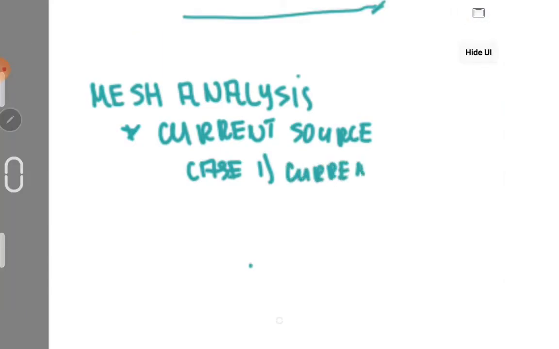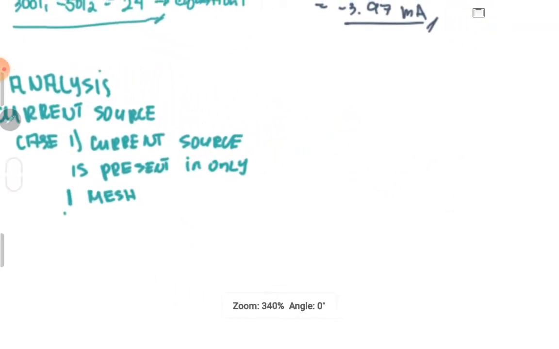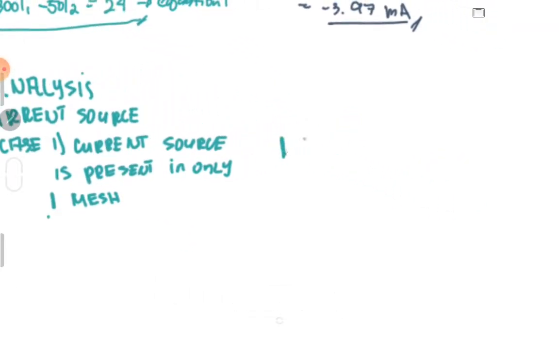The current source is present in only one mesh. Pag sinabi natin in only one mesh, sabihin natin pag meron kang dalawang mesh, okay?